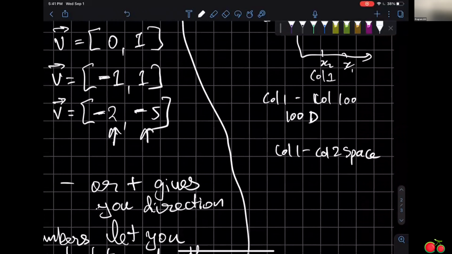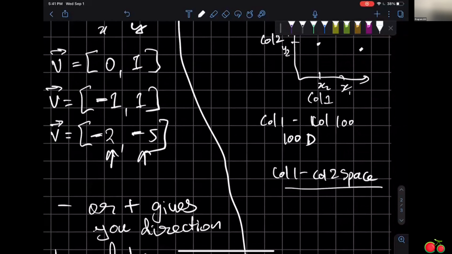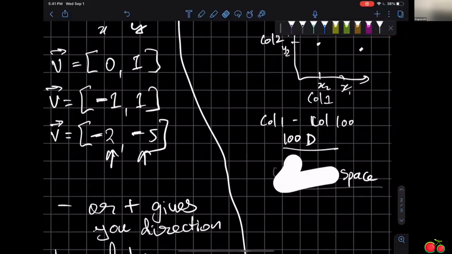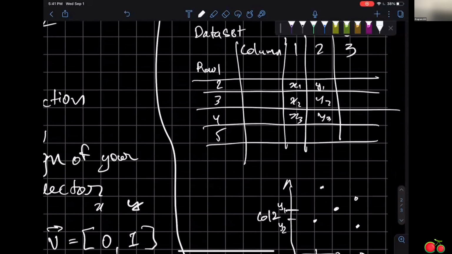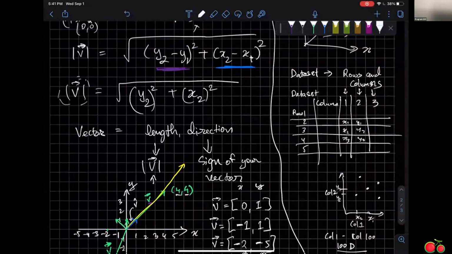So you can have 100 dimensions and you'll have a 100-dimensional space. I can have as many columns as possible.